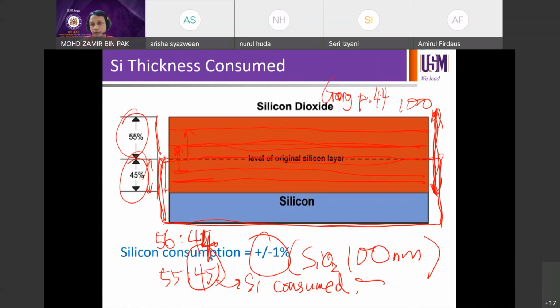Is it 44? No, sorry, 43. I was confused with the ratio earlier. Gary 43, for the derivation, to see how you get 44%. There's always a plus minus 1, so you'll probably find 55-45 or 56-44. In essence, you are going to consume some part of the silicon in order to grow your silicon dioxide.